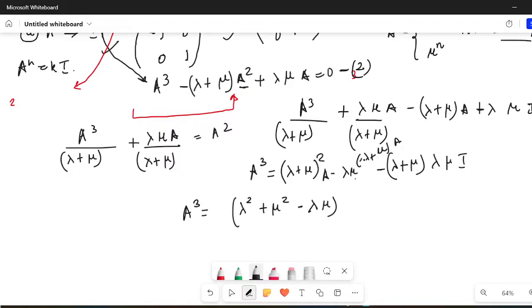I'll have only minus lambda mu, because if I multiply lambda plus mu on both sides, then I will have this, and it will have simply this minus lambda plus mu into lambda mu times identity. So my A cube would be equal to what? If I multiply both sides, above and below, by lambda minus mu, what will I get?